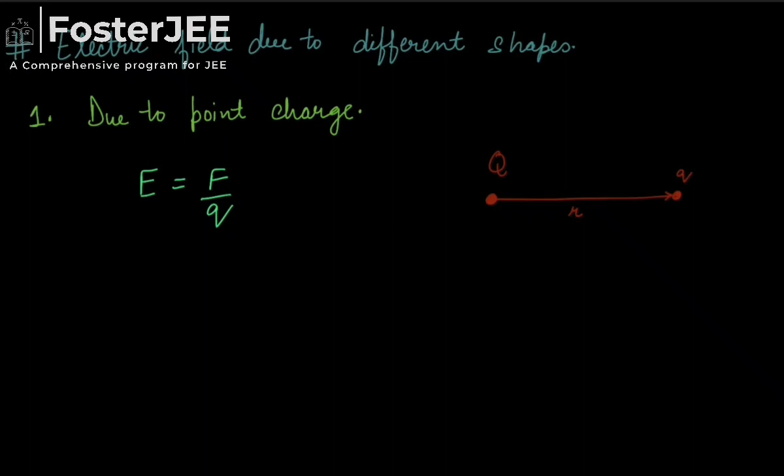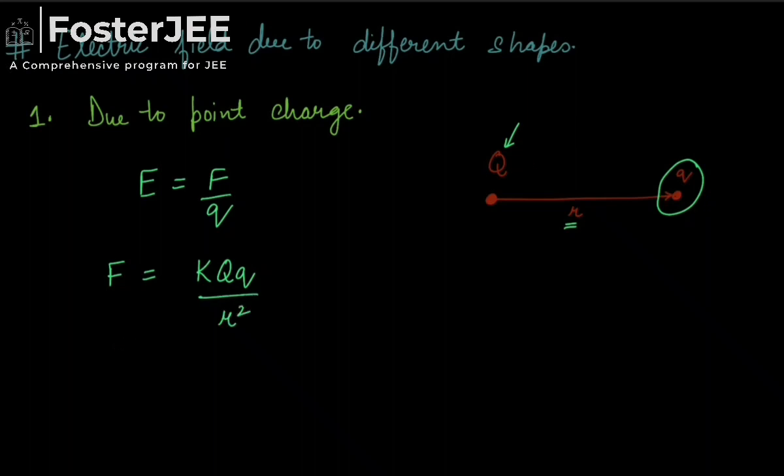We have to find out what is the electric field due to this charge at a distance r. What we will do? We will place a point charge at a distance r and see what is the force acting on this charge. So the force will be given by Coulomb's law, which is KQq upon r square.